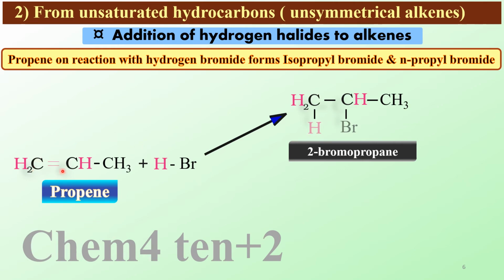As we know, when there is unsaturation, the addition takes place along the unsaturation to give the product. Here the first product obtained is 2-bromopropane. This product 2-bromopropane is the major product.